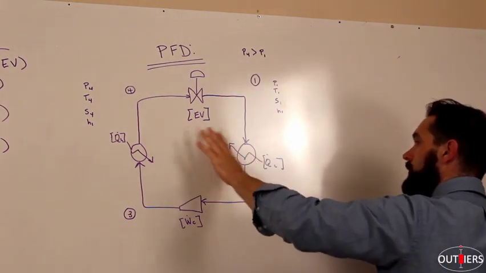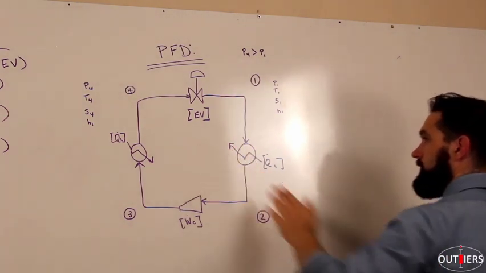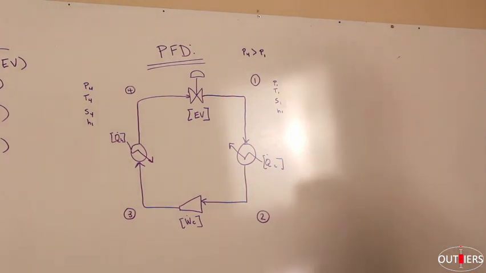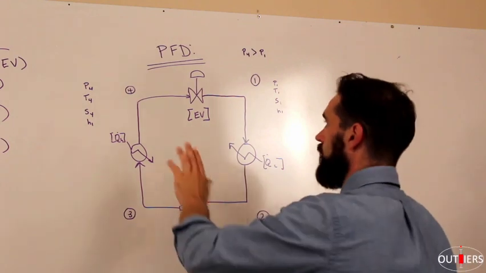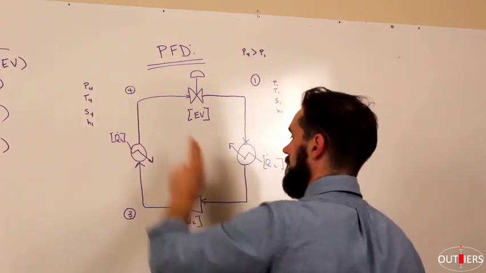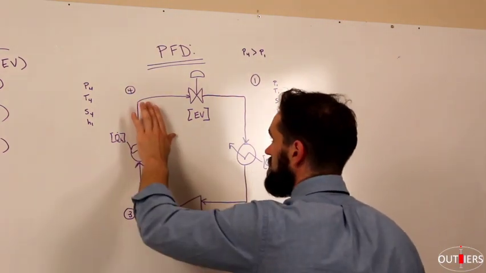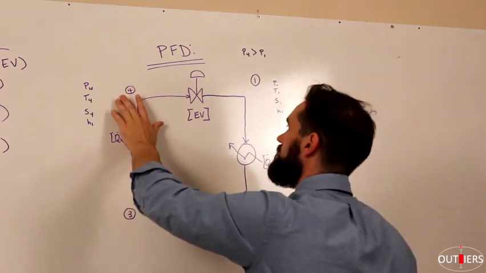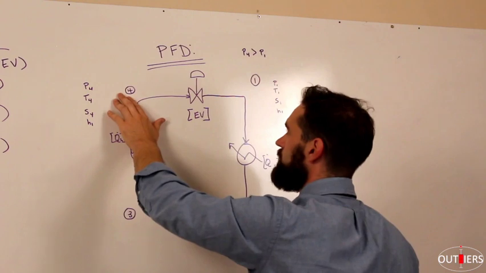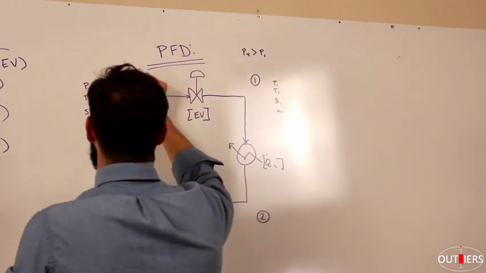Now we can deduce some other things by making some assumptions. These will be our first round of assumptions. This will make more sense once we come back around, but for a starting point, we're going to assume state 4 is saturated liquid.